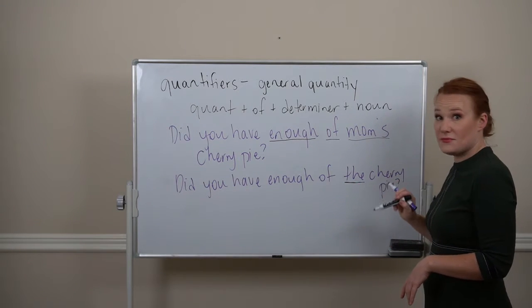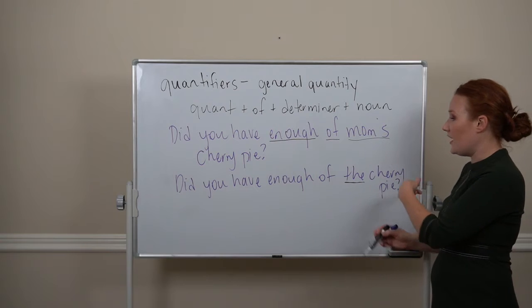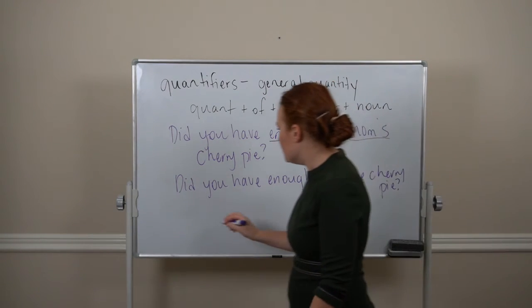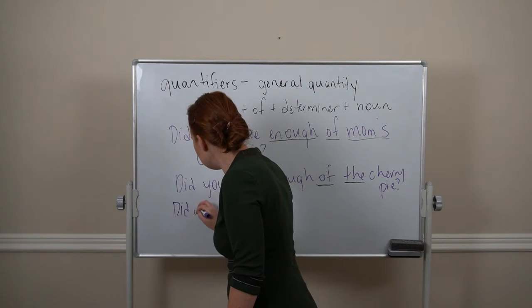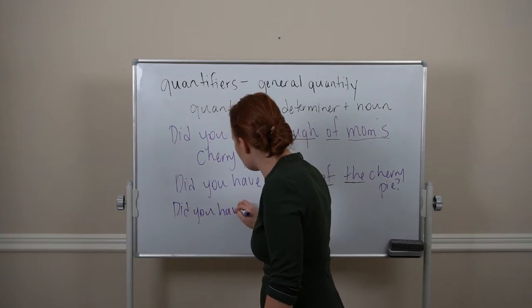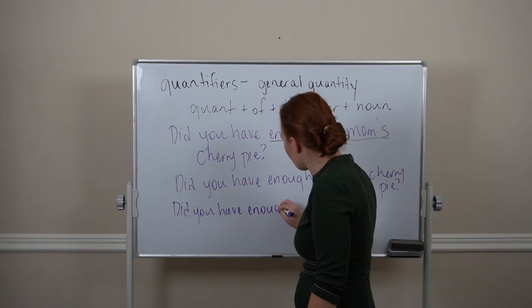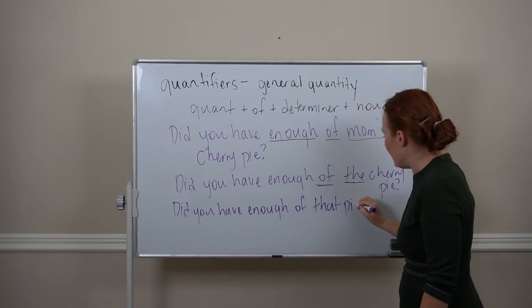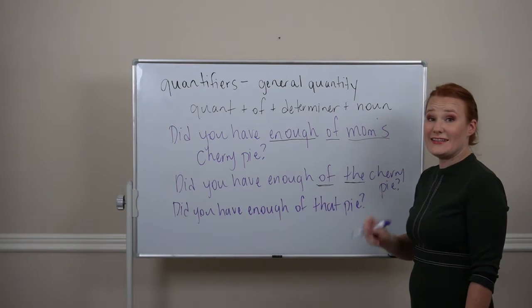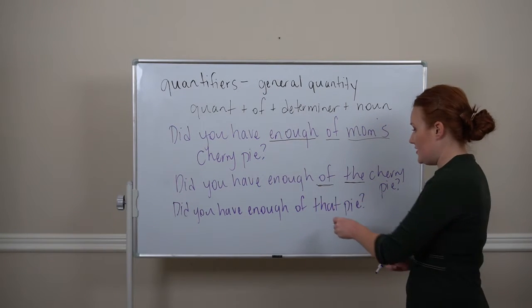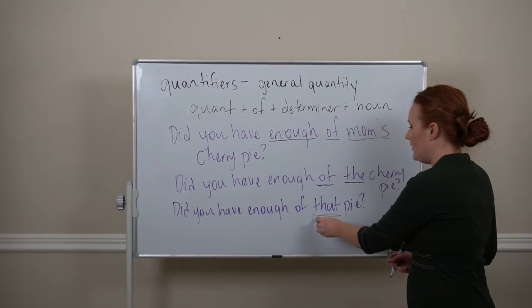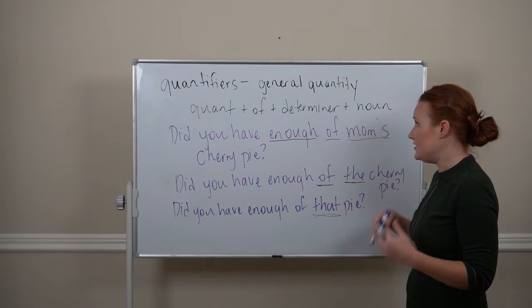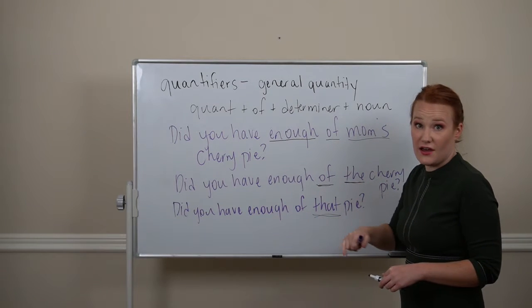Here, the is a determiner coming before the noun, so we have to use of. Demonstratives could be in here. Did you have enough of that pie? So I'm telling you exactly which pie, that one. That is a demonstrative, which is a determiner. So we have to use of before it.